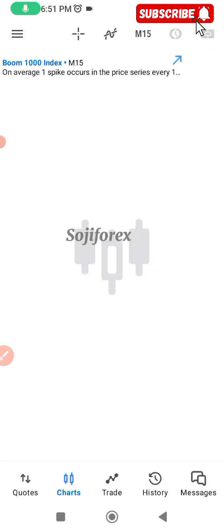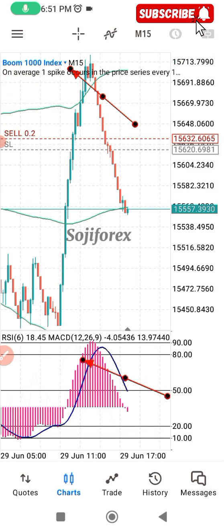Secondly, we want to see the MACD histogram line, which is this line you are seeing, above the 80 to 90 level of our indicator window, which is the RSI, and here it is.